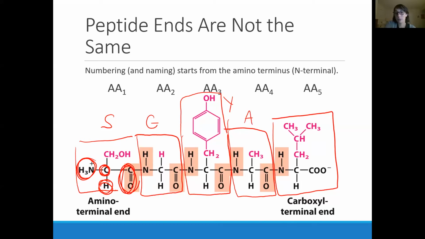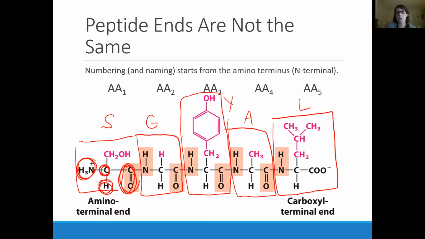And the very last one, leucine. This is how you can take a peptide chain and dissect it into each of the amino acids and figure out the code of a whole peptide chain.